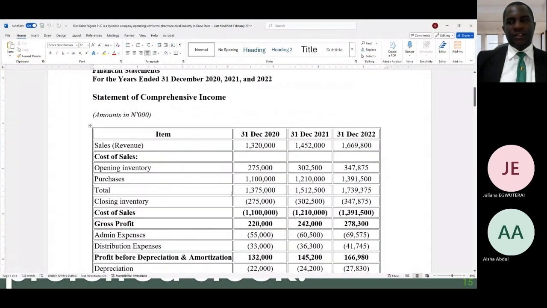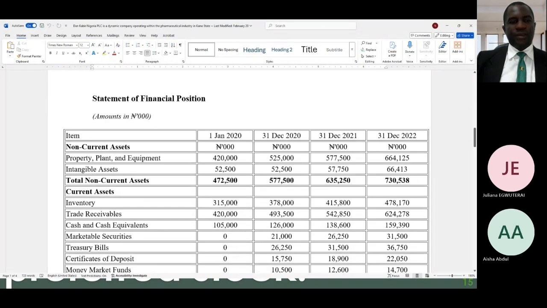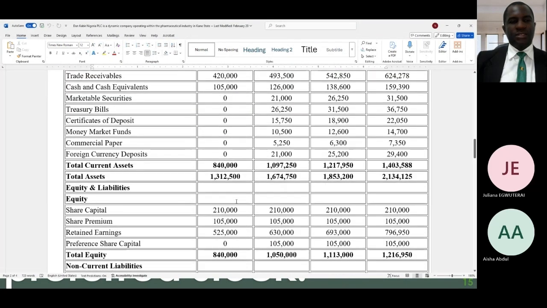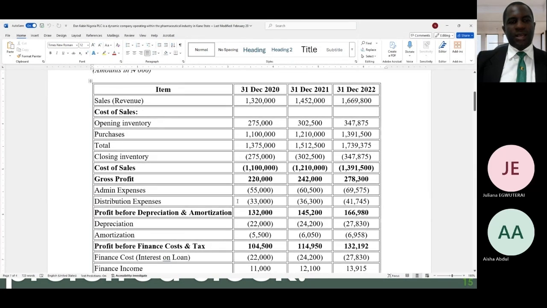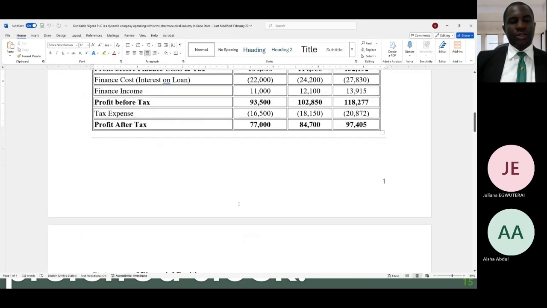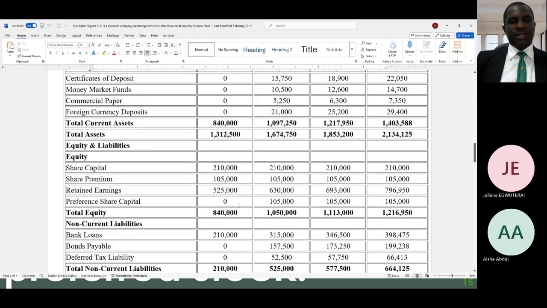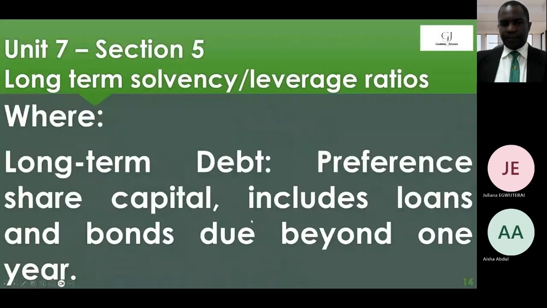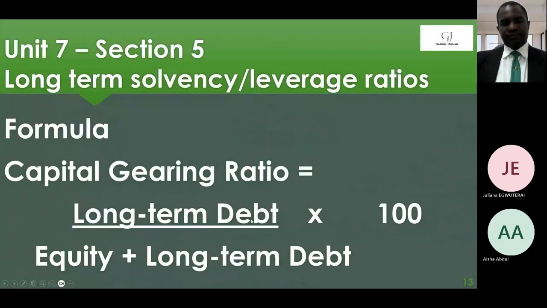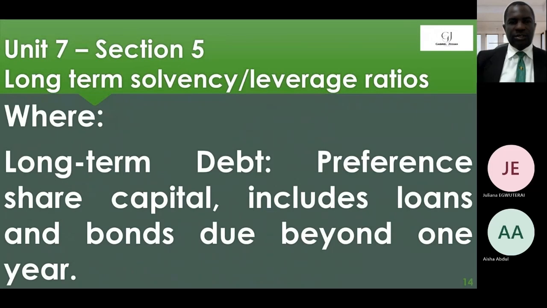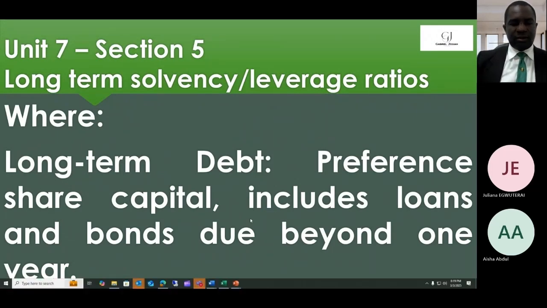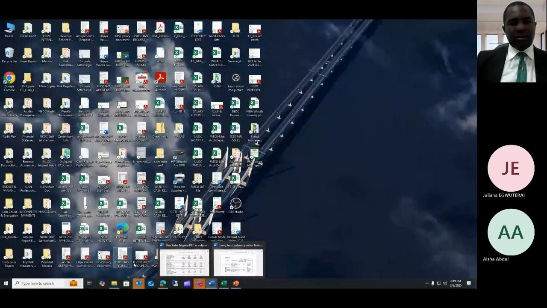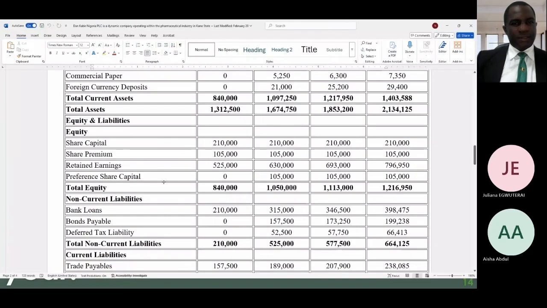So take note of the numerator, and everything is on our SFP, I beg your pardon, our SFP. So from the formula we have, let's go back. We have long-term debt, which includes preference, loan, bonds beyond 1 year. So we go down and pick those items.